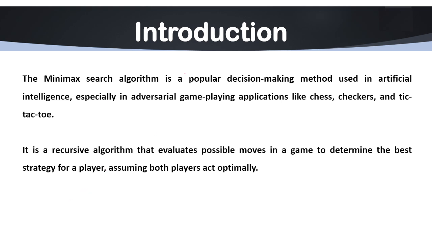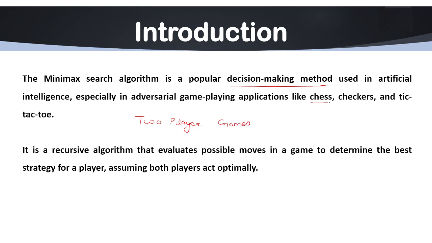So as you can see here, the min-max search algorithm is a decision making algorithm that helps us to make a better or optimal decision in any game. Specifically, the min-max search algorithm is used in two-player games.